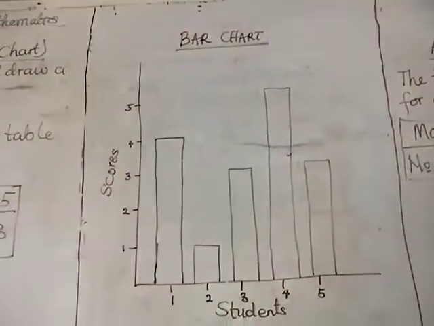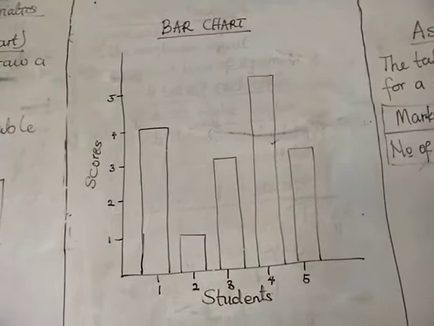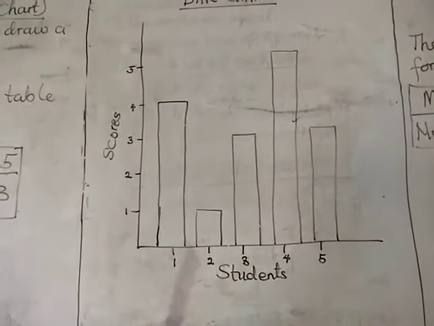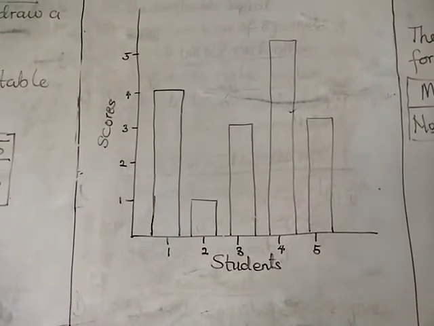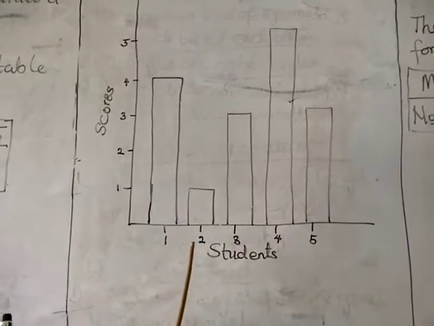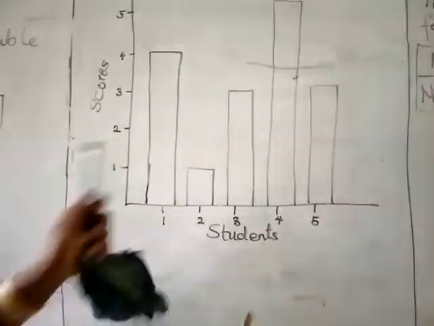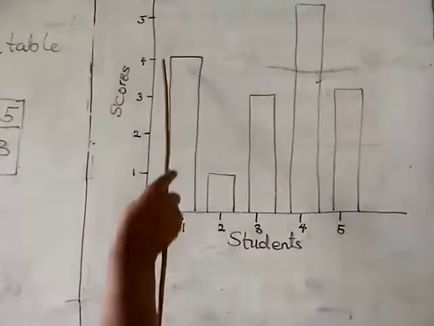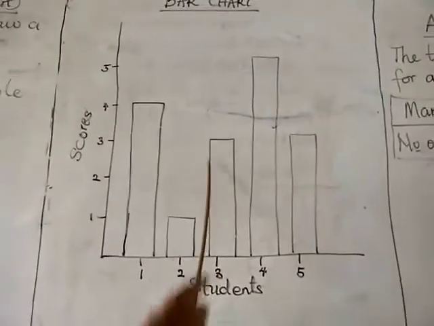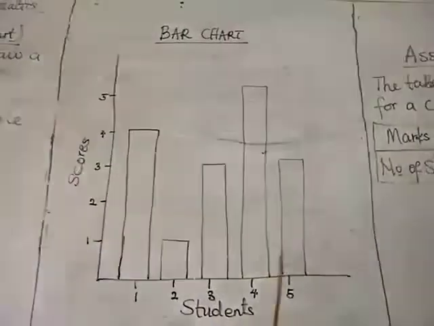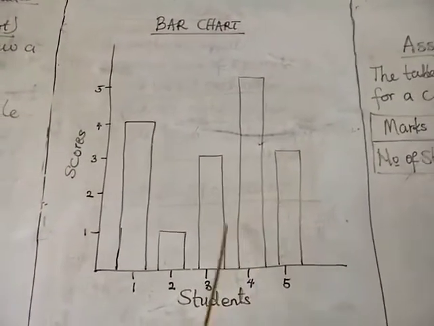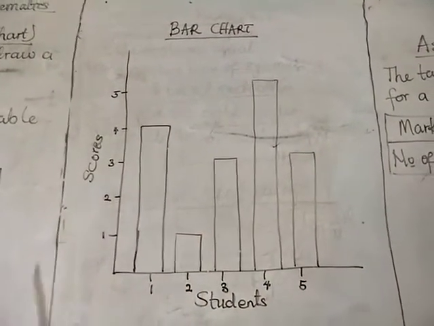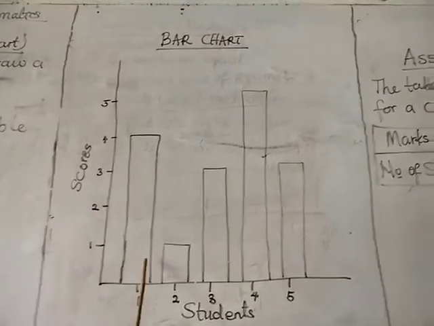We have other charts that are similar to a bar chart, something like a straight line chart. They are similar to this too, but they are not the same, because that one has to do with just a straight line. But this one has a block. It has to be a block, and there are spaces in between the blocks.